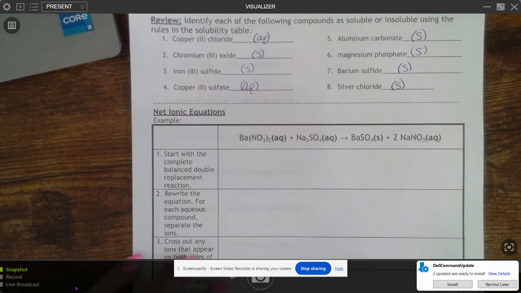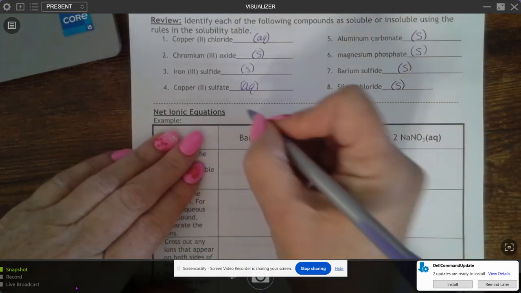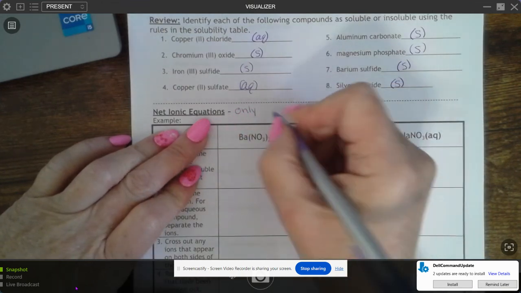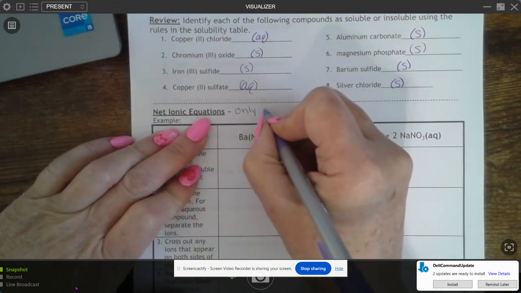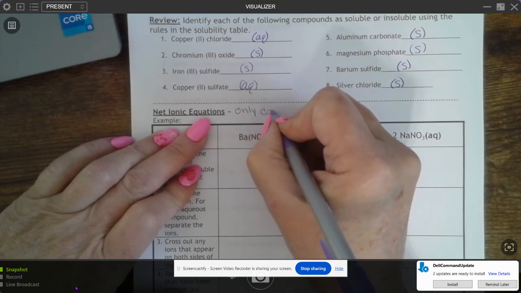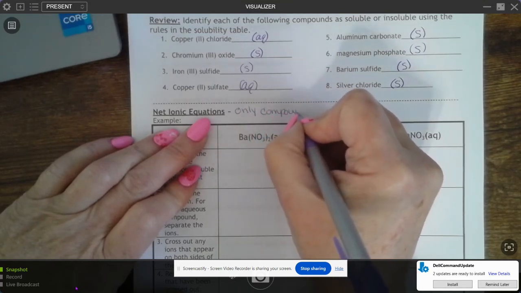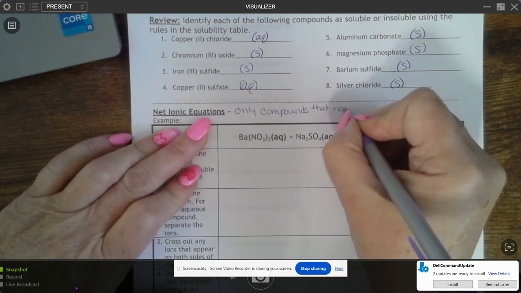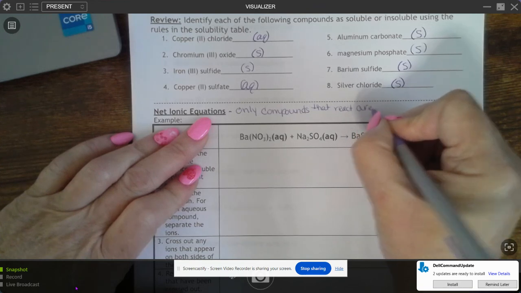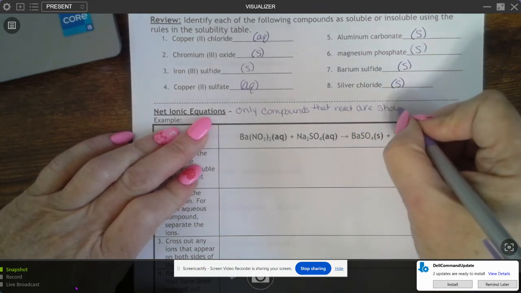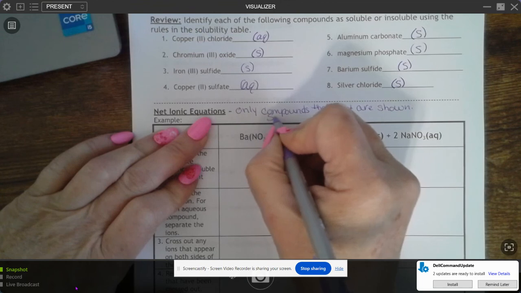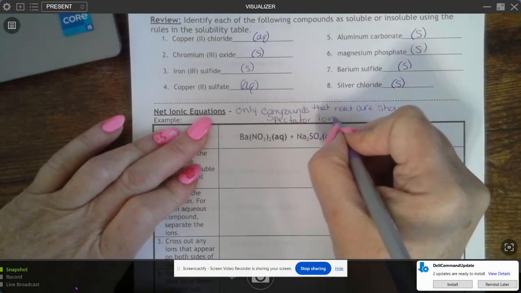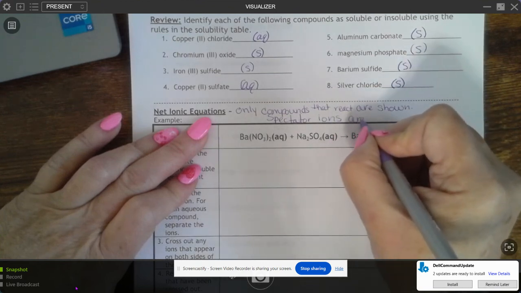In a net ionic equation, and I guess we can write this, only compounds that react are shown. Spectator ions are not included.